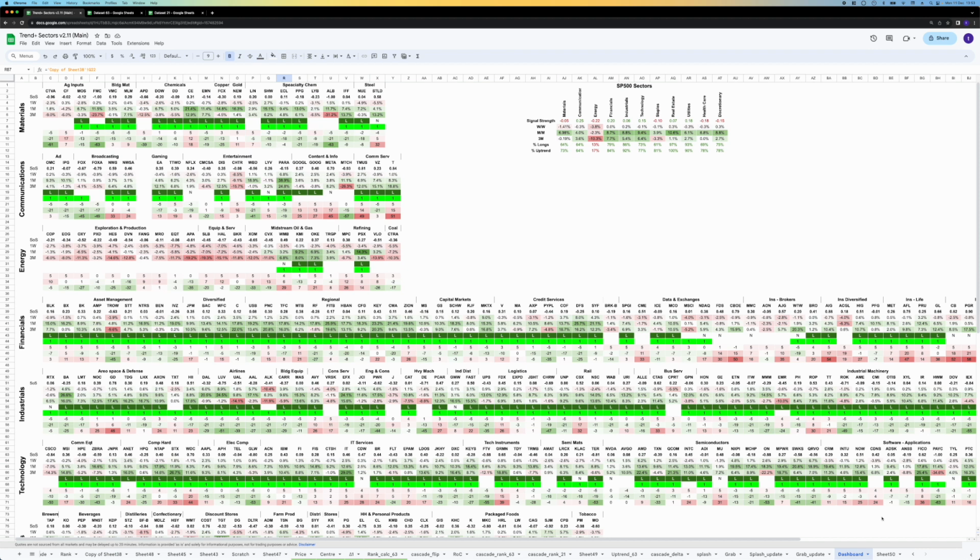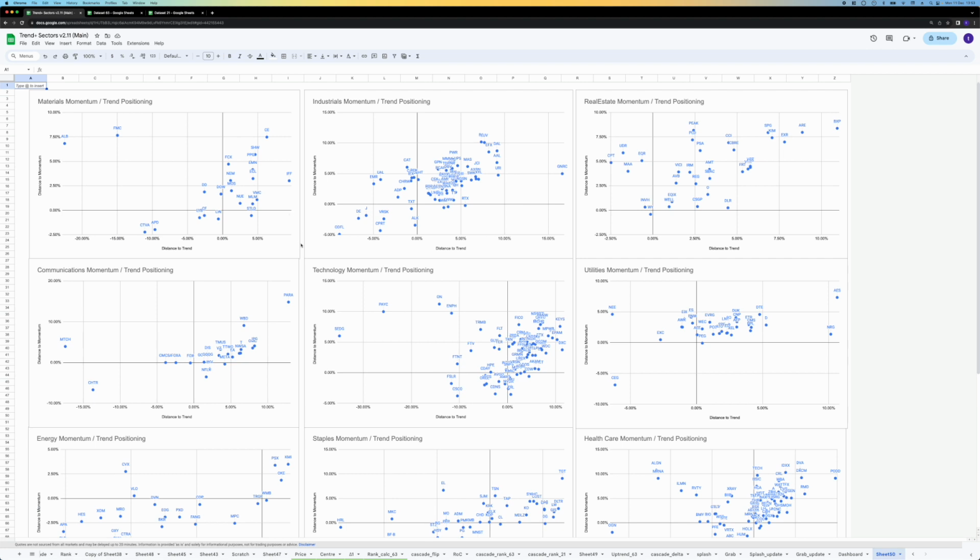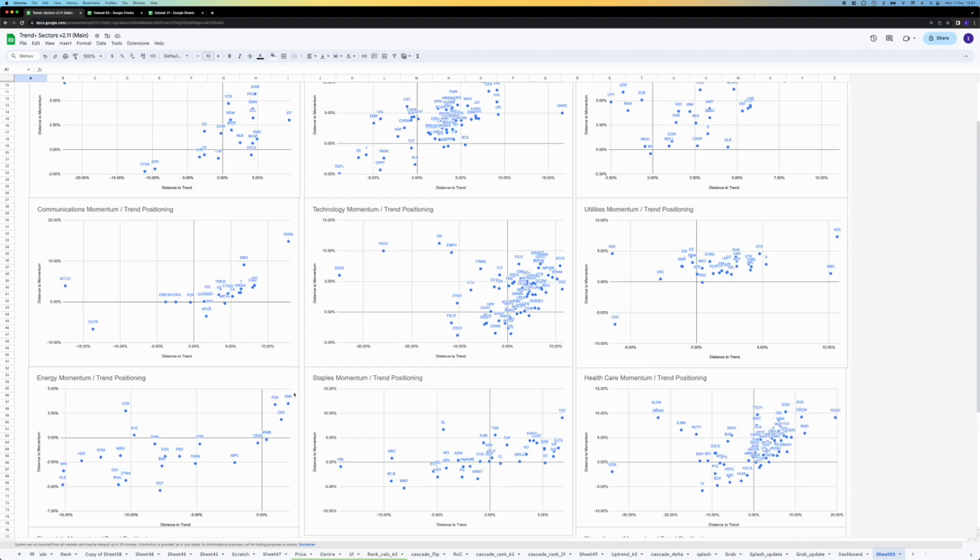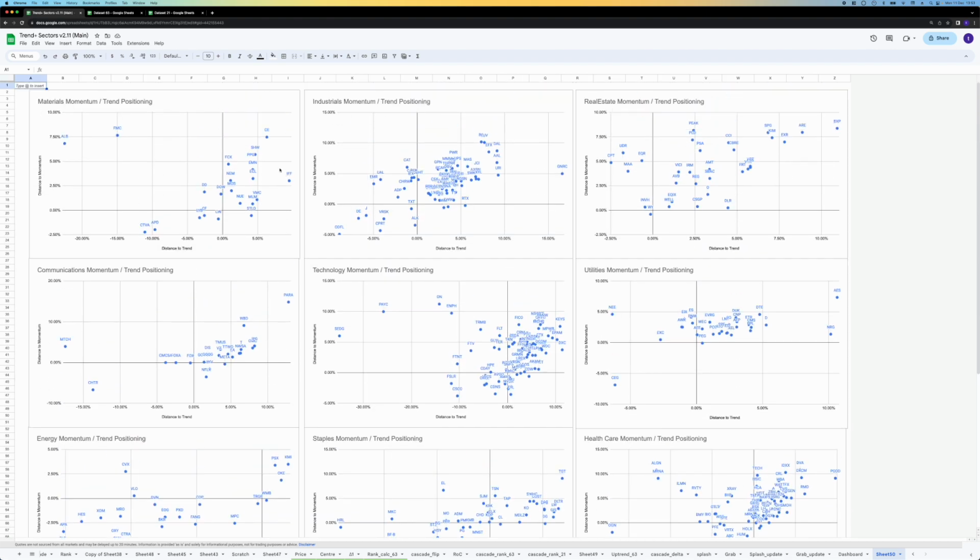The other one that comes up in the deck is this, which is a bit of a messy chart, but again, all split by sectors down here. What this basically says is, across the horizontal is its distance from trend, and here it's its distance from momentum.